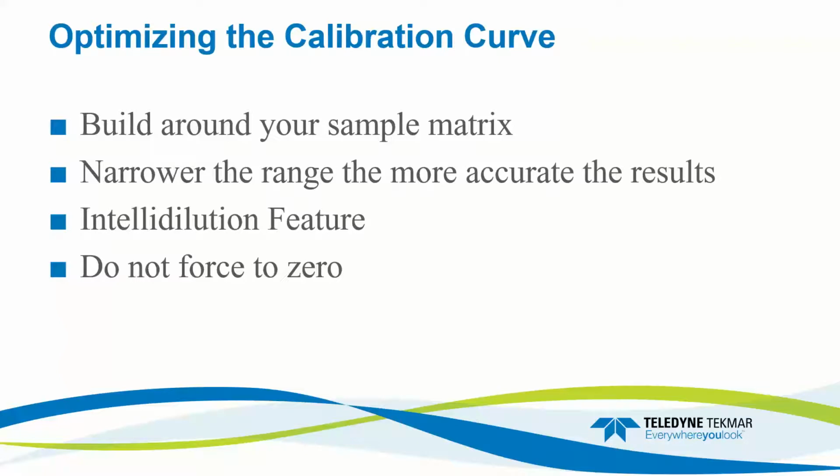We have to bracket what we are expecting. If I'm looking at 50 ppb, I don't want 50 ppb to be the top end of my calibration curve. I want it somewhere right in the middle, so I know I have really good analytical accuracy and precision on that curve. So maybe we'll go from a low level, a 0 or a blank water, to 100 ppb.